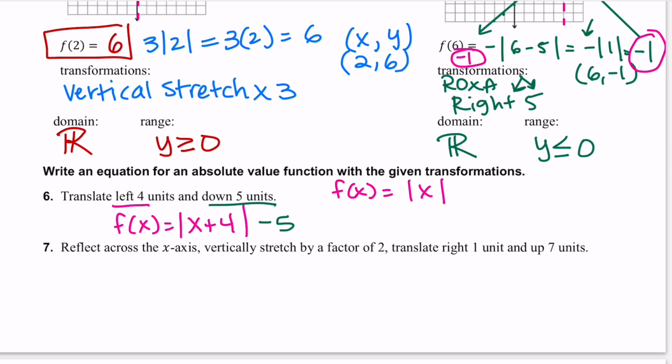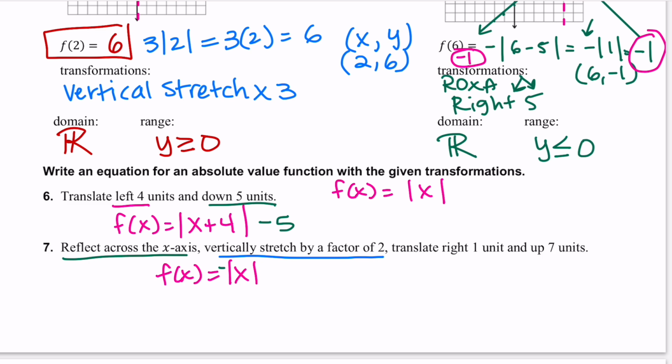Now the last one, we're going to take our original graph, f of x equals absolute value of x, and we are going to reflect it across the x-axis. Reflecting it just means it goes upside down, and that puts a negative in the front of this absolute value sign. Stretching by a factor of 2 is the slope.